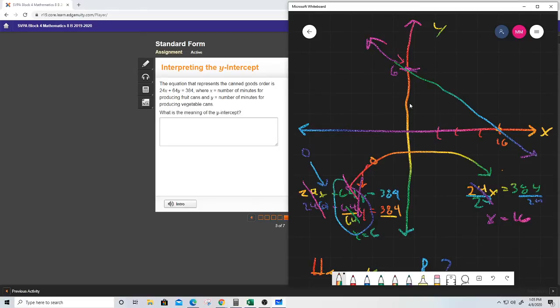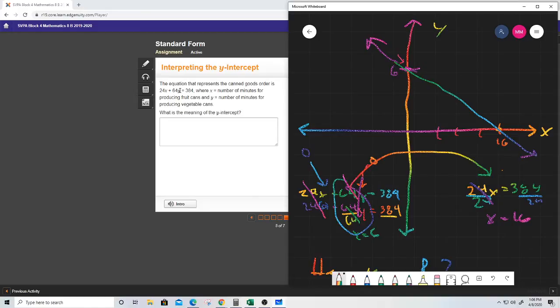So it basically means if we produce 0 cans of fruits, that all we're going to produce is vegetables, right? So basically that should mean that we'll have to produce 6 cans of vegetables.